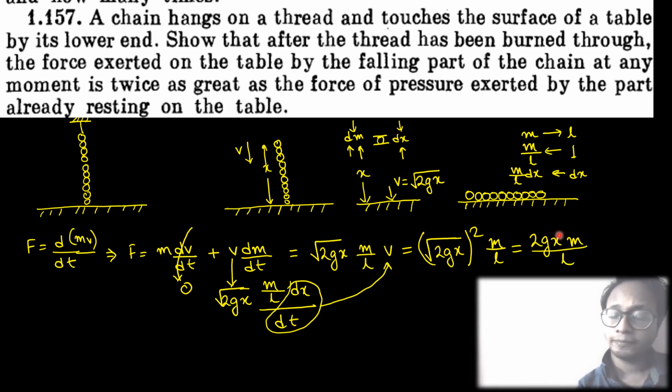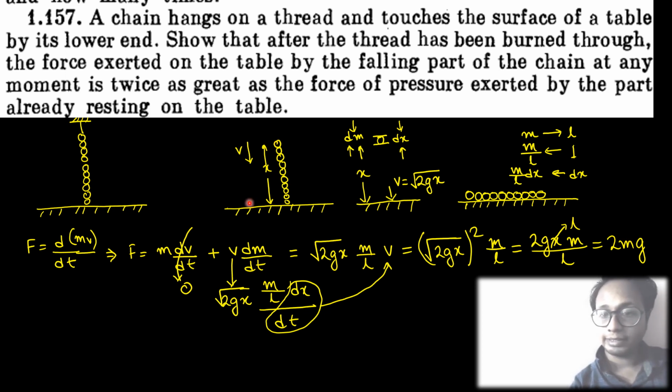So this is the force exerted by the chain on the table. Now the second part of the question: how do I prove this is twice of this value? At x equals L, that means when x is equal to full length, if you substitute x by L, this will become 2m into g, where m is the mass of the whole chain.